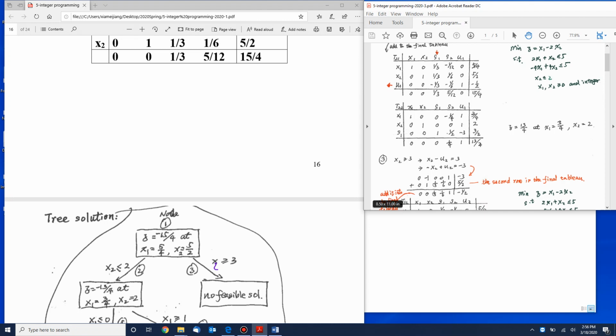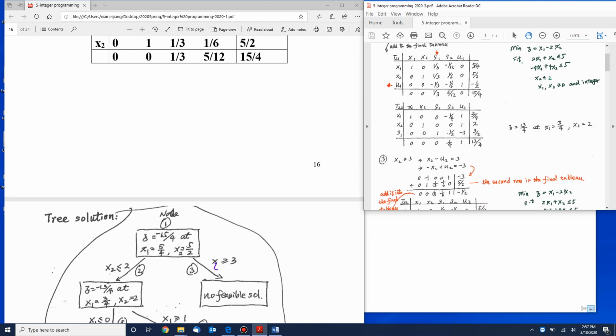But the same as before, x2 is a basic variable in the final tableau. So we bring the second row in here to make x2 disappear. Now the new constraint becomes 0, 0, 1/3, 1/6, 1, minus 1/2.